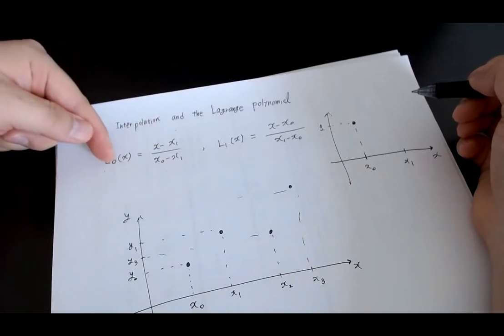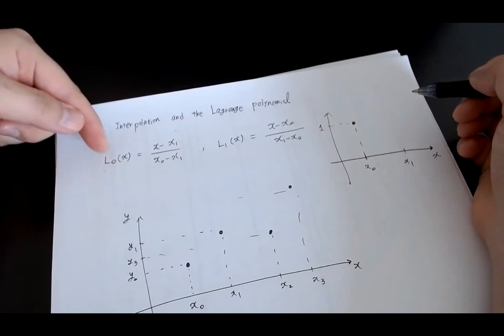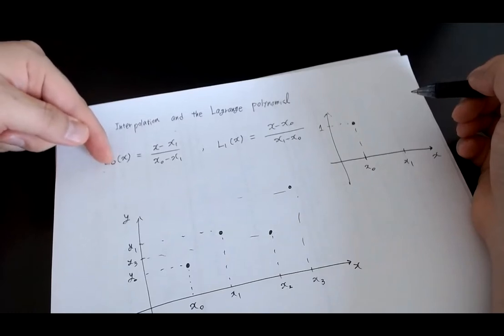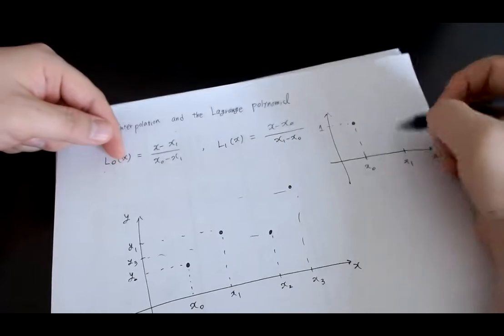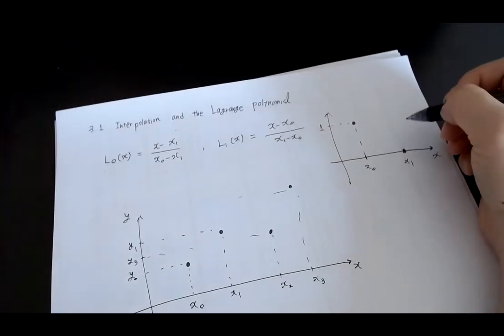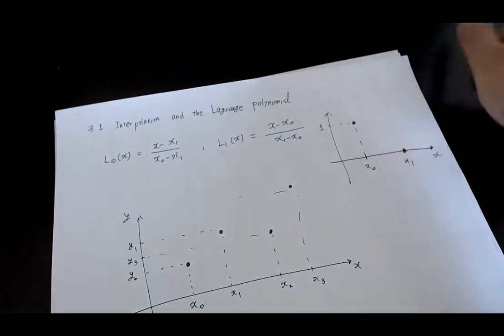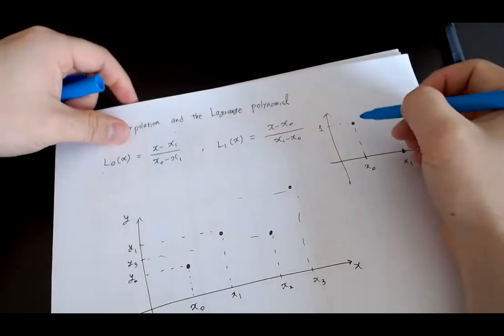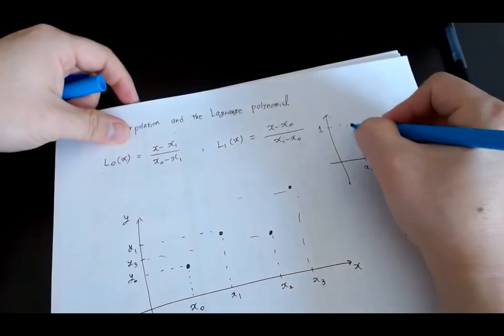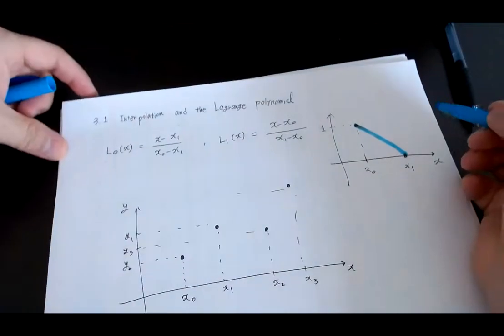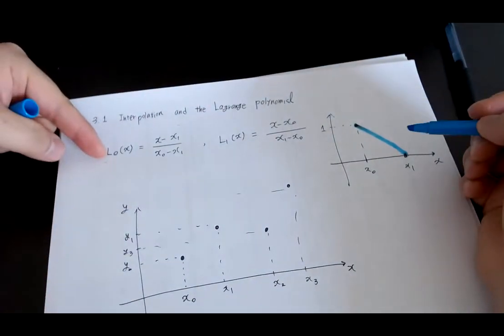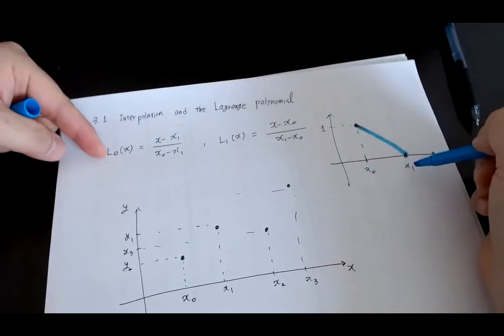So the value of this function must be 0 at x equal to x1. So we get this graph, from x naught to x1.